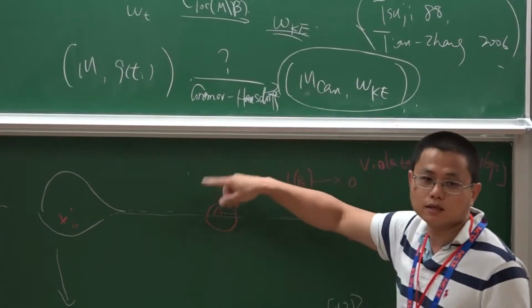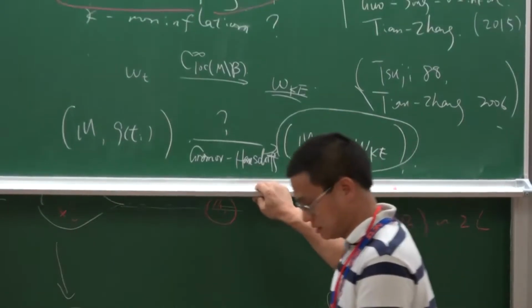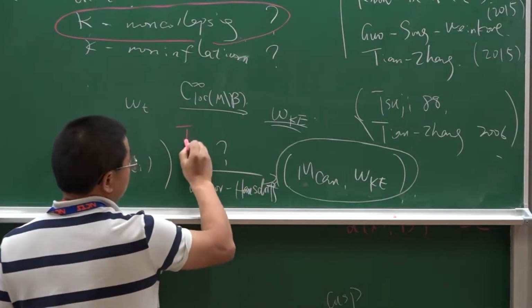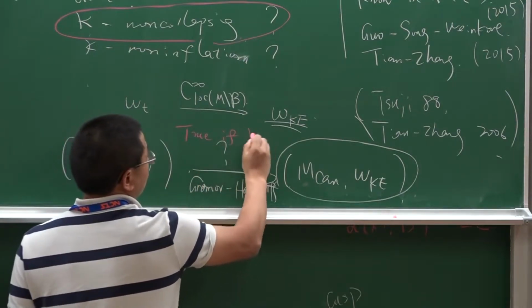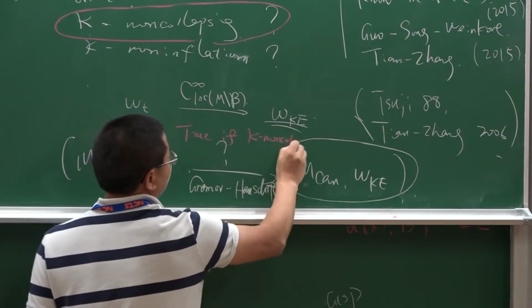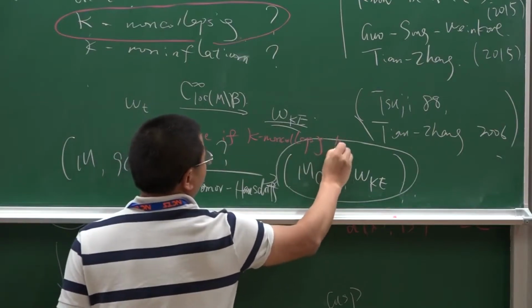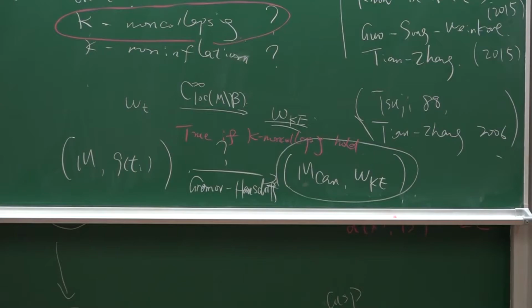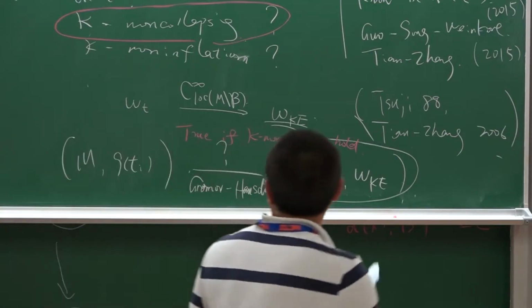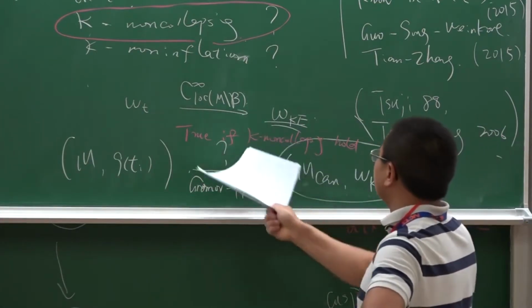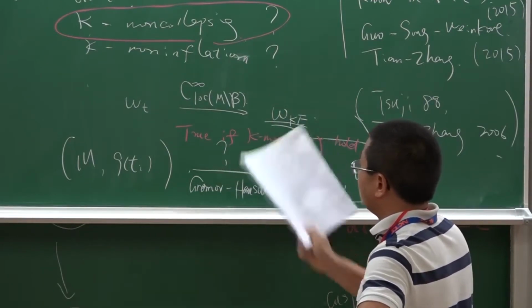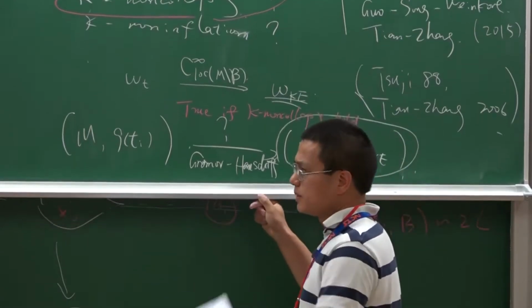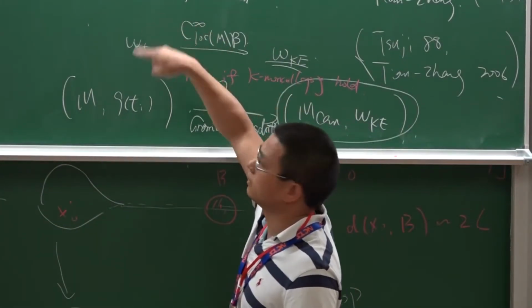Okay. That's the key difficulty. So this will be true if kappa non-collapsing holds. Also, if you can show the kappa non-collapsing, it will solve the major difficulty, and it will imply the other estimates.